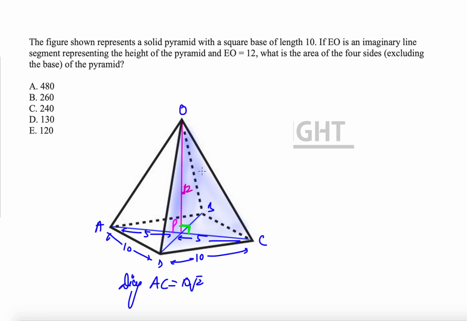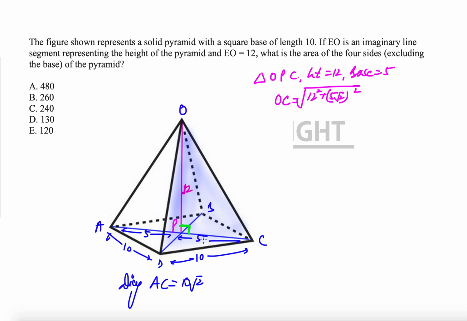So I'm taking triangle OPC. In triangle OPC, the height is given as 12, and the base which is PC is equal to 5. That means I can find the hypotenuse, which will be the length of OC, equal to the square root of 12 squared plus 5 root 2 squared.